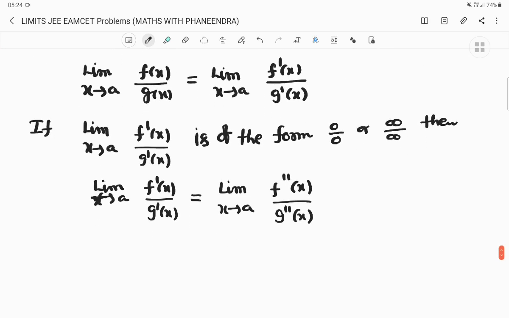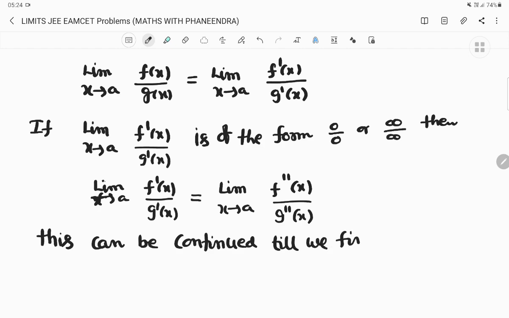Here one doubt will arise. Sir, till what time can we do the differentiation this way if the limit is in this situation? This can be continued till we finally arrive at a determined value.